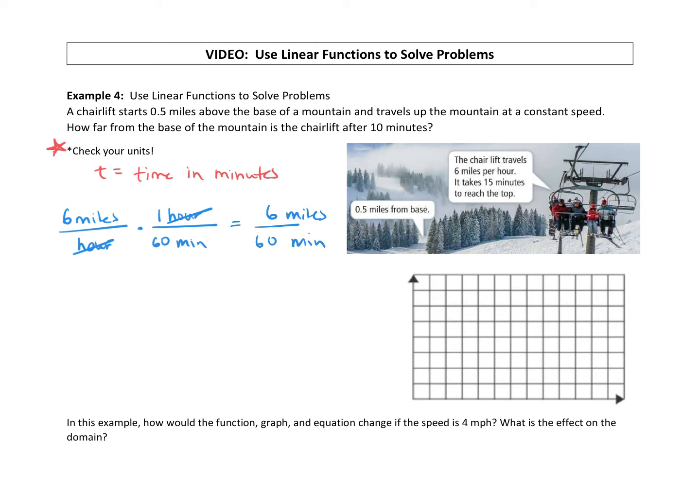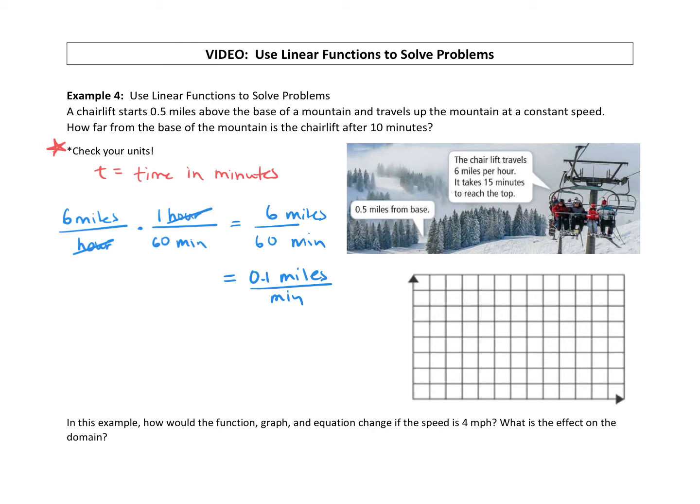So we just converted to miles per minute. Now 6 divided by 60, we'll go ahead and just divide that, and we're getting 0.1 miles per minute. That's how much we're traveling. So we are talking distance.